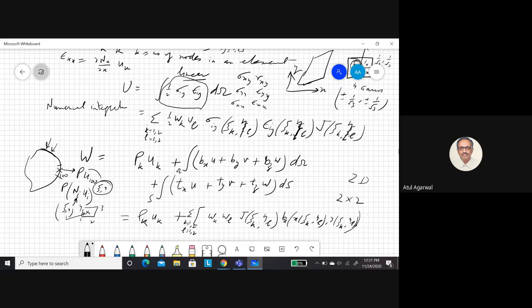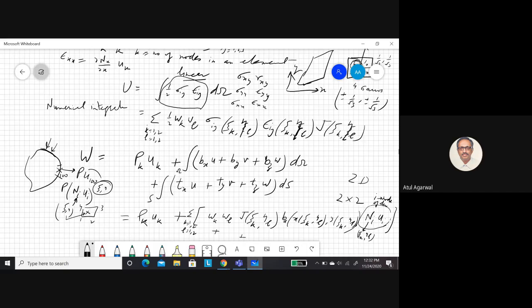And displacement, again you will take N i, u i. These are the nodal values of the element. I is the node of the element, and these shape functions you are calculating at xi k, eta L. So this way you calculate this domain integral. Similarly for these terms.